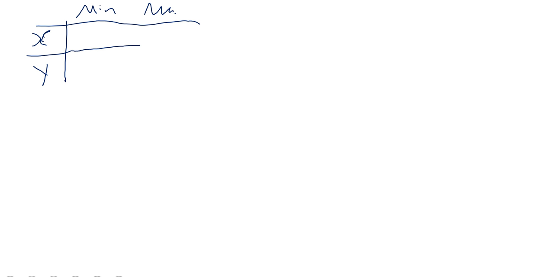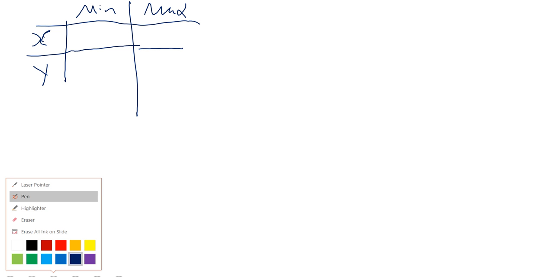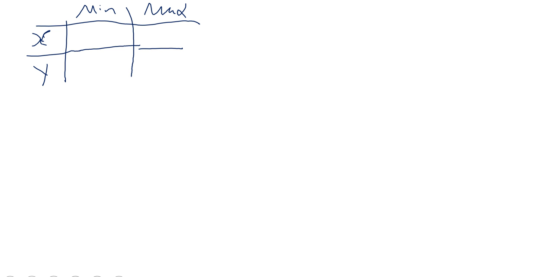Now let's see if we have two variables. Let's say we have variable x and variable y, with minimum and maximum, let's say from 30 to 60 for x and from 70 to 120 for y.